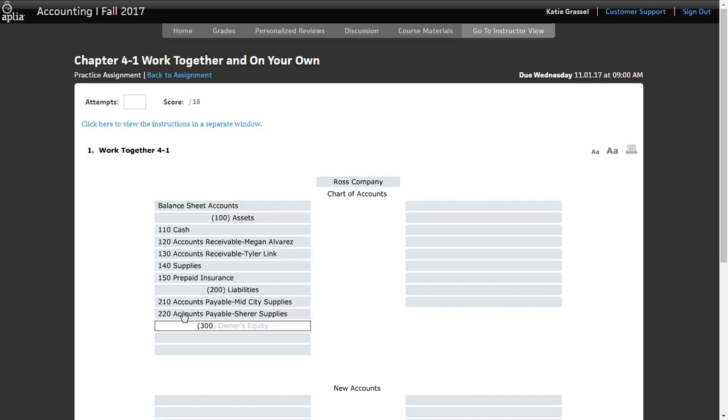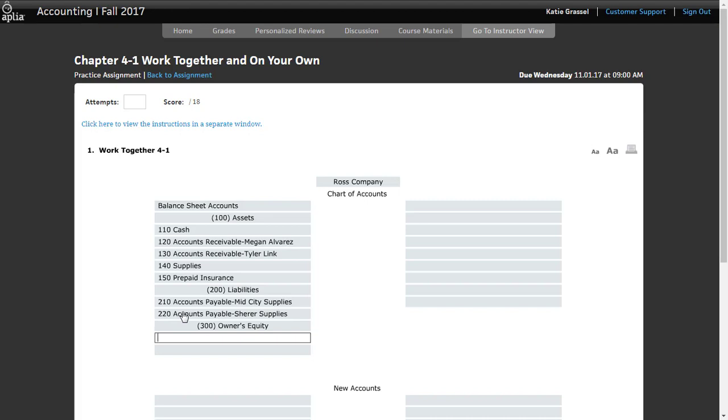Owner's equity in 300s. Okay, so we have our capital account and we have our drawing account. I tell you that the classification for drawing is going to be a withdrawal, because what does drawing do to owner's equity? It makes it go down. When we make a chart of accounts, we're going to put both capital and drawing under the classification of owner's equity.